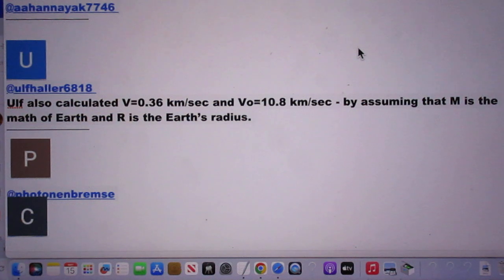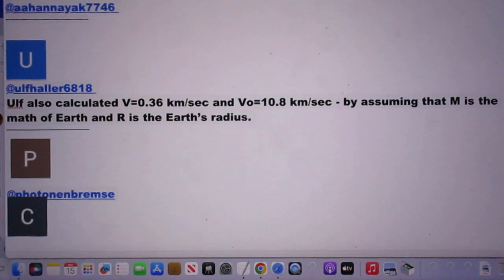Ulf also calculated capital V and V0 by assuming that m is the mass of Earth and r the Earth's radius. He then finds that V is 0.36 kilometers per second and that V0 is 10.8 kilometers per second.